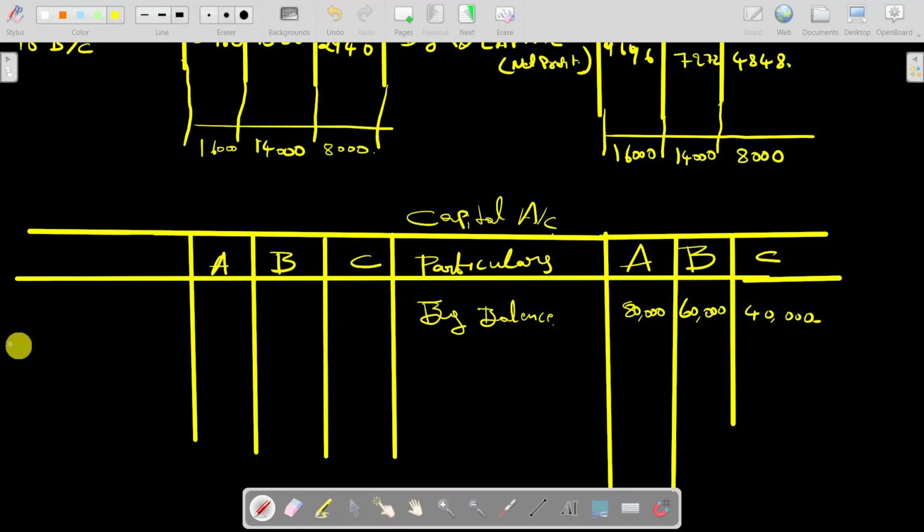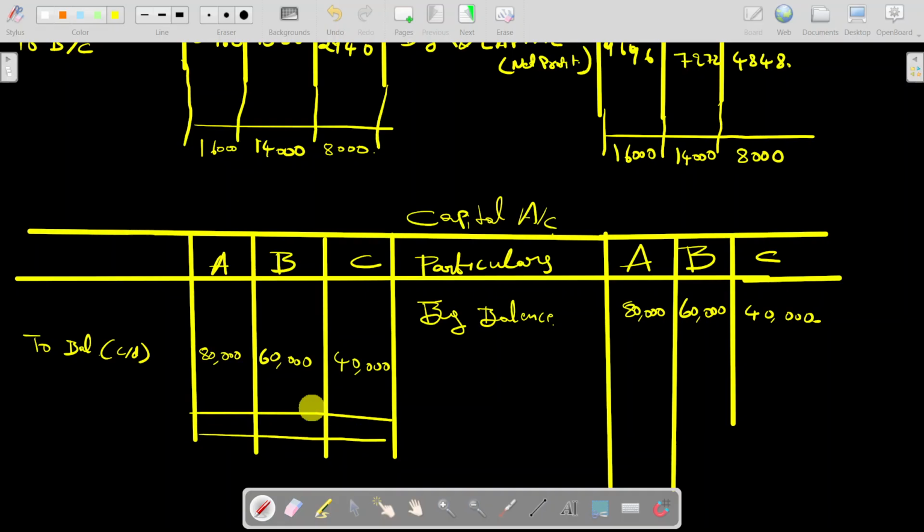So to balance carry forward 80,000, 60,000 and 40,000. Right.